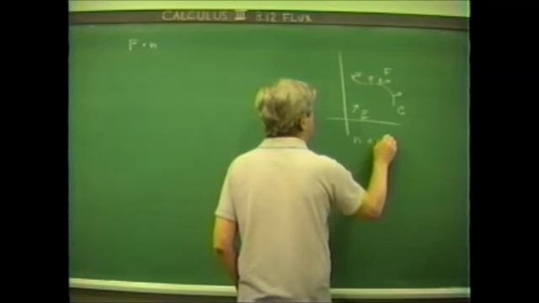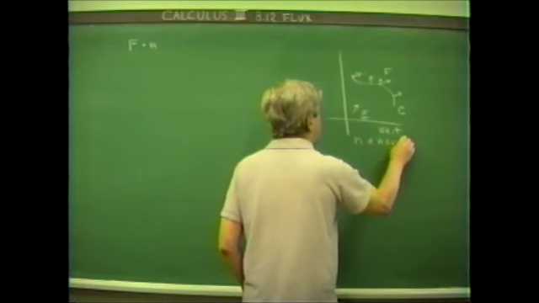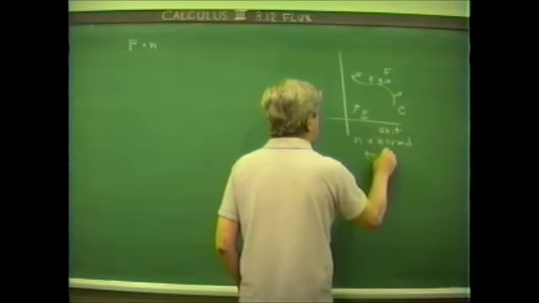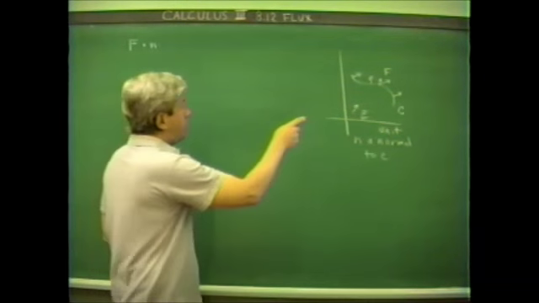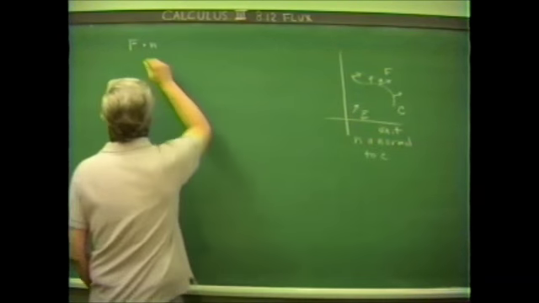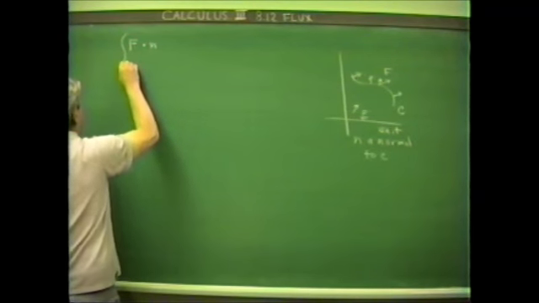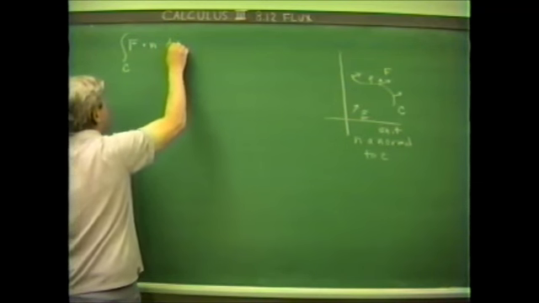a unit normal vector to C, right? This is going to give the component that is going through the curve, so to speak here. We would want to integrate that over the curve with respect to length.